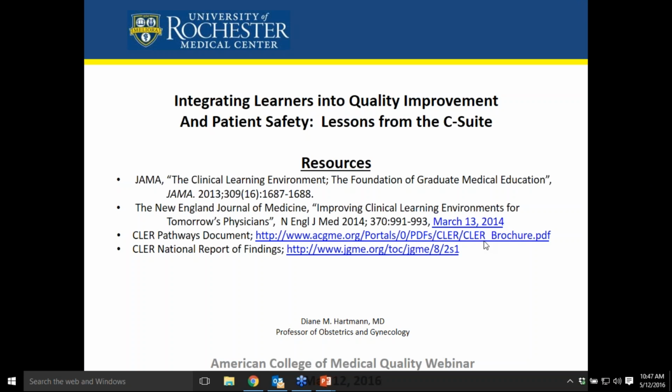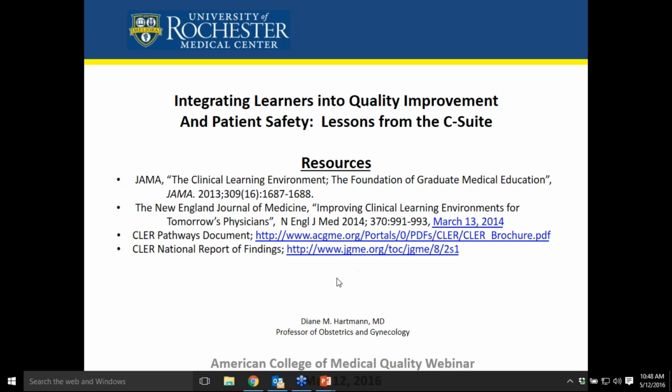Excellent. We have a question from Mary Dolensky, and she is curious to know, how are the CLER visits funded? Through the accreditation fees that the institutions and the programs pay. If you choose to have an accredited program, you have to have an accredited institution to have any programs.